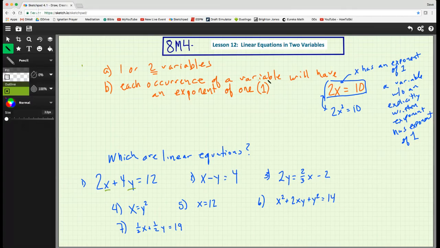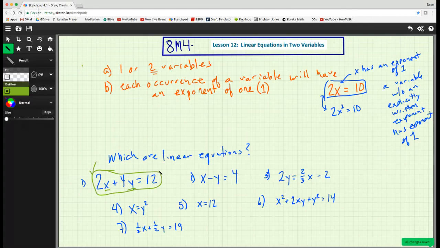Each occurrence of a variable will have an exponent of 1. Well, that has an exponent of 1 because it's not written, and that one does too. So this is like 2x to the first and 4y to the first. So those are both exponents of 1. And so yes, this is a linear equation.